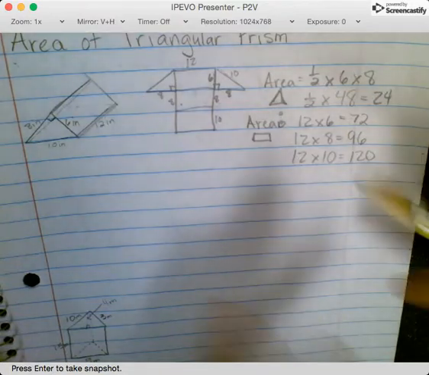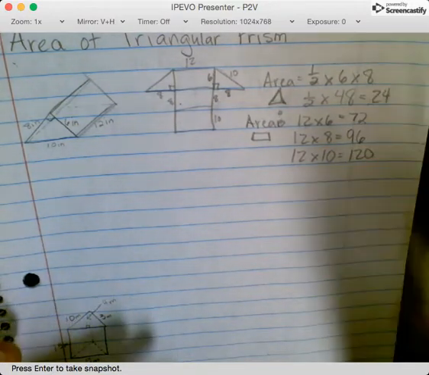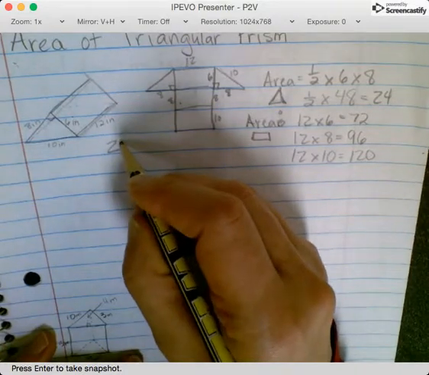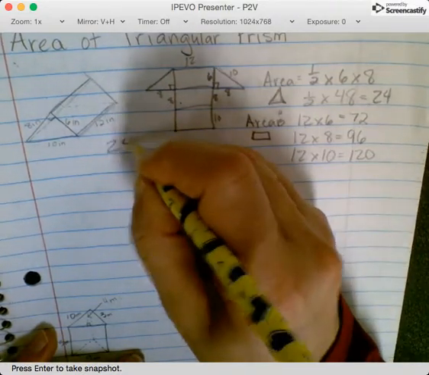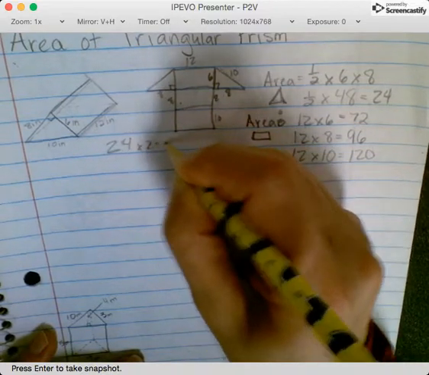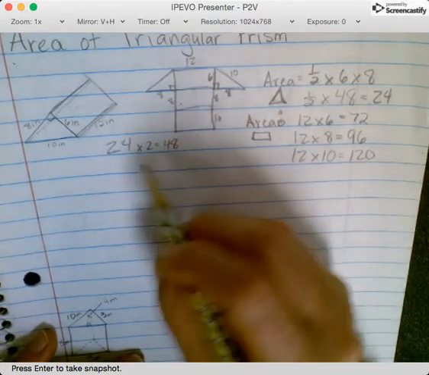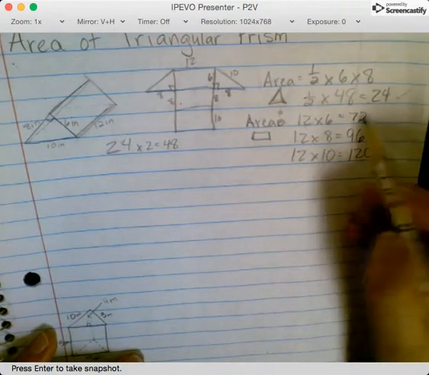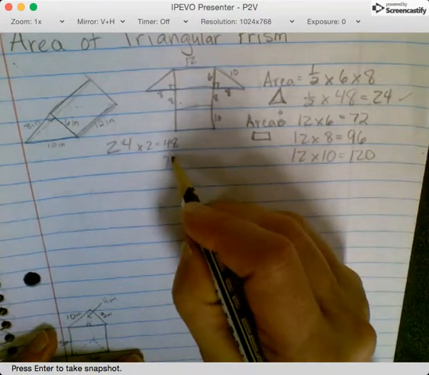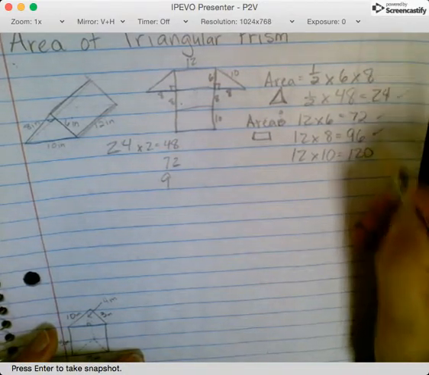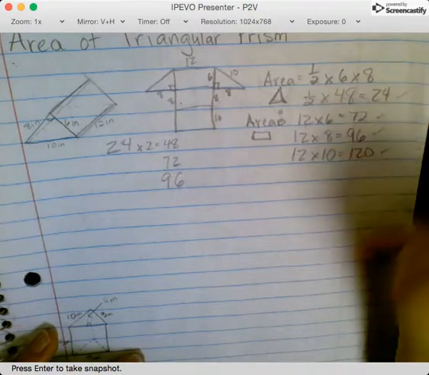So if I have all of the sides included, then I have 2 triangles, which is 24 times 2, and that's 48. So I have 2 triangles. I have 1 rectangle that's 72, 1 that's 96, and 1 that's 120.